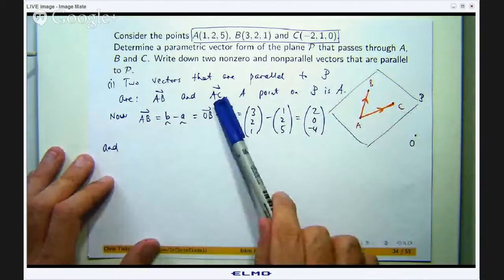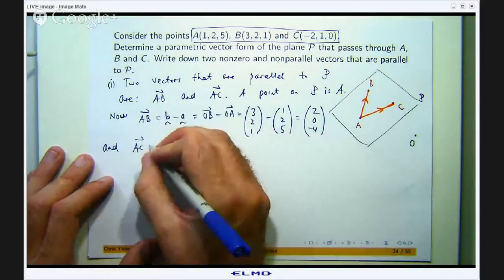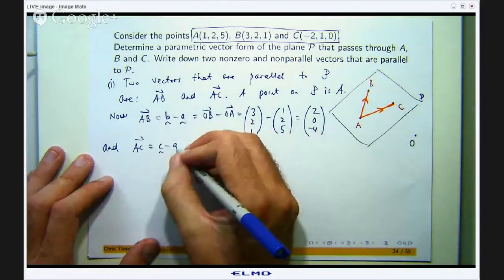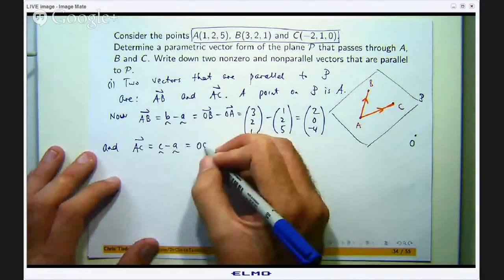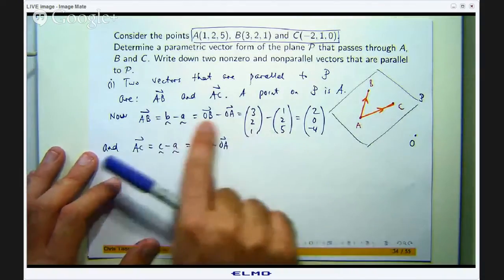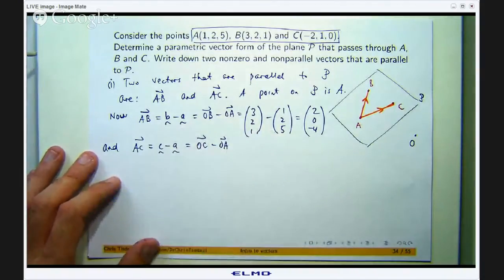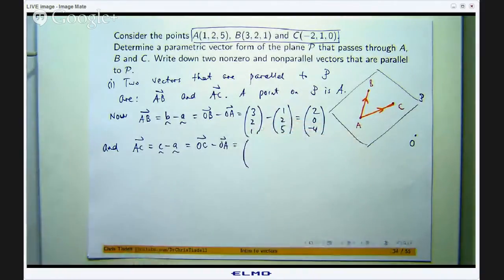Let's compute the vector from A to C. That's just the position vector of C minus the position vector of A. So that's OC minus OA. You don't have to write both of these things in, by the way. I'm just doing it to give you a feel for different kinds of notation.